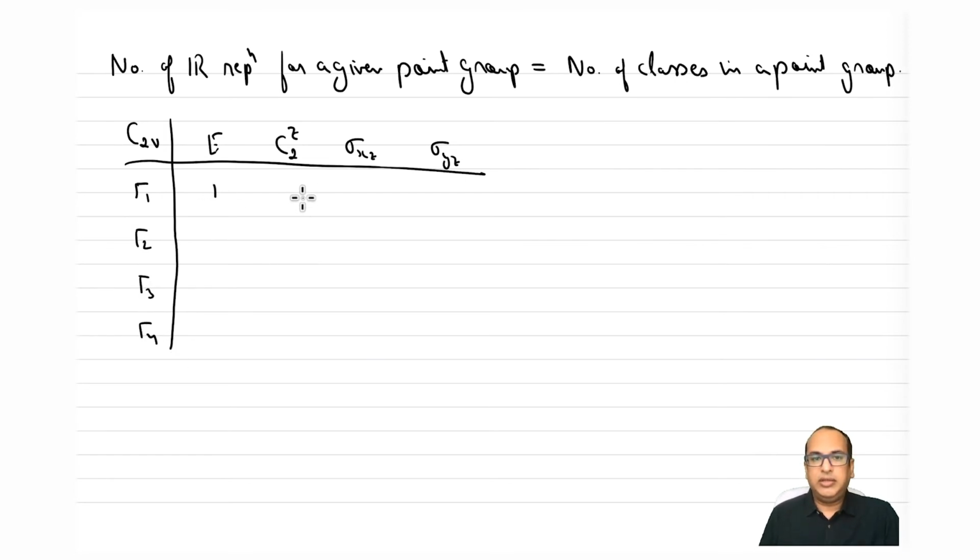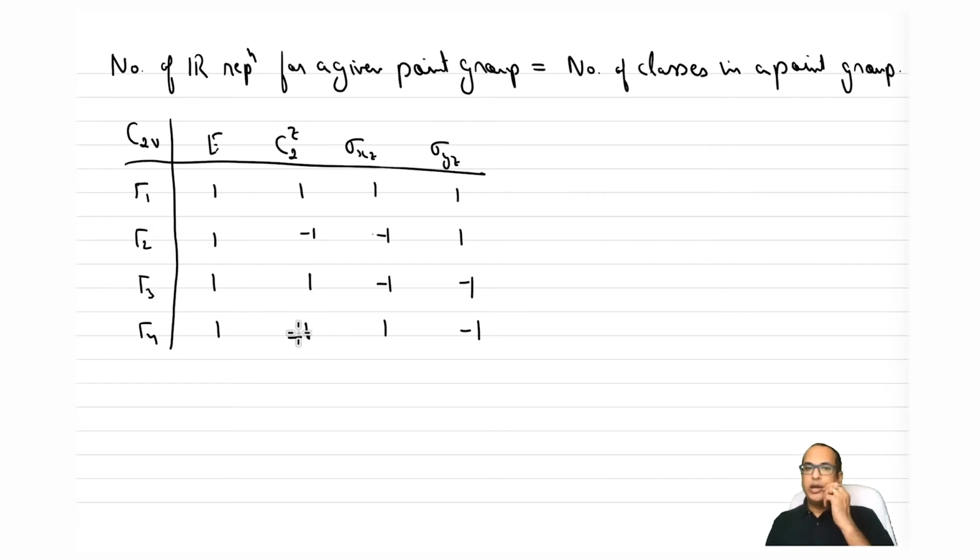And then we have seen earlier that you can have these ones as your representations. Let's not worry about what the basis set is in this, but it will be either XYZ or RX, RY, RZ, or one of these. Basically, so you have -1, 1, -1, right? And then you can also arbitrarily write down for this particular point group.